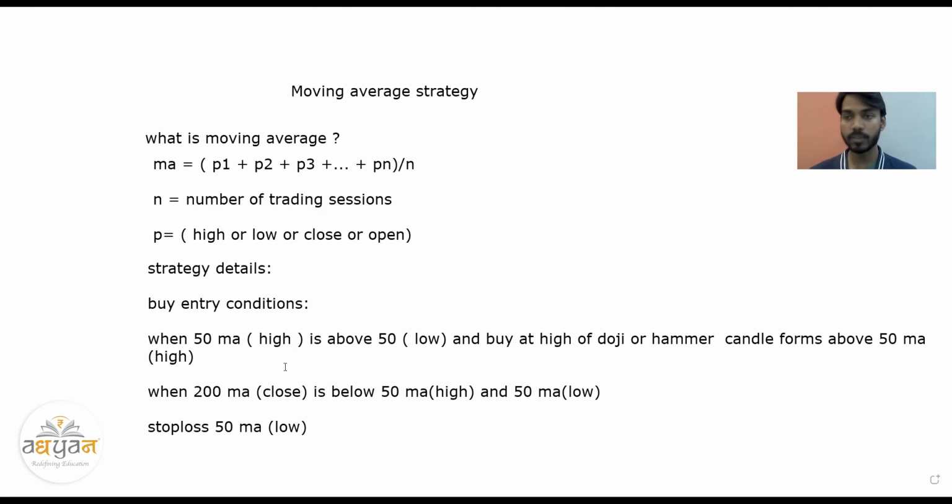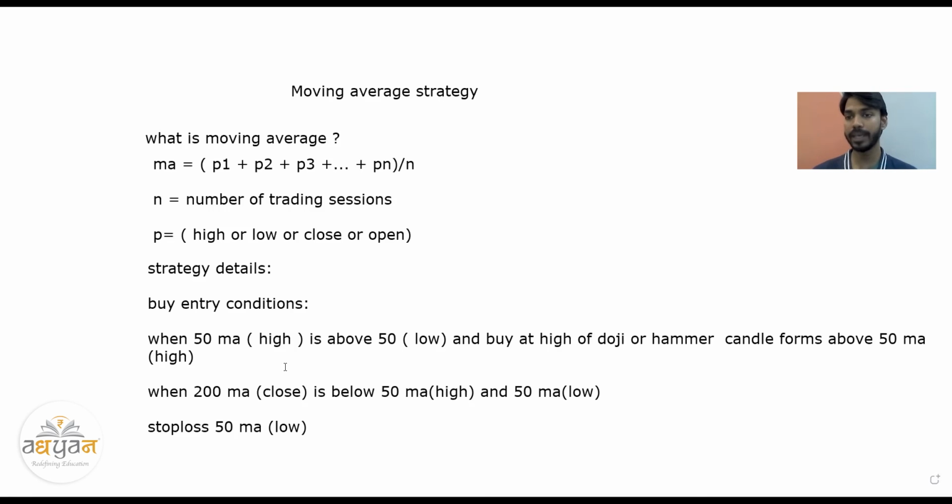If you get a doji candle or a hammer candlestick forming above the 50 moving average high, and at the same time the whole scenario is happening below the 200 moving average, that means the 50 moving average high and 50 moving average low are below the 200 moving average with a closing price, then this is going to be a buy signal for us.